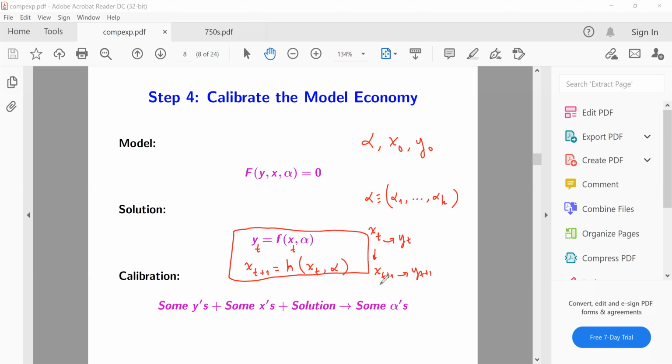So this is a simple forward recursion. Then you have xt plus 2, and you have yt plus 2, etc. That goes on depending on the horizon of your model. Typically there's a model horizon, and you want to simulate the model for that horizon.